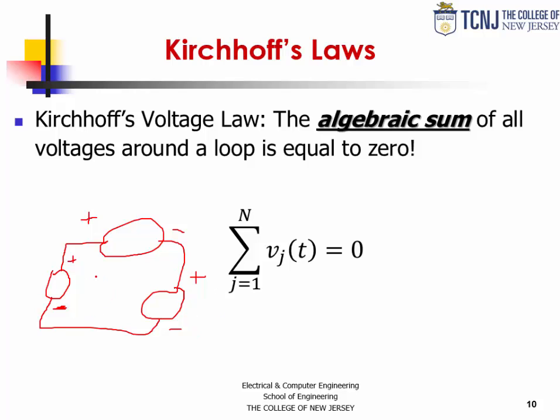Why? Because as I go around the loop in an arbitrary direction of a current, I can assume that the current is flowing this way. As I go around the loop in the direction of that current, I encounter the negative sign here first. I encounter the positive sign here first, and I encounter the positive sign here first. So I would write that minus this voltage plus this voltage plus this voltage is equal to zero. And again, we'll see examples of that later on.